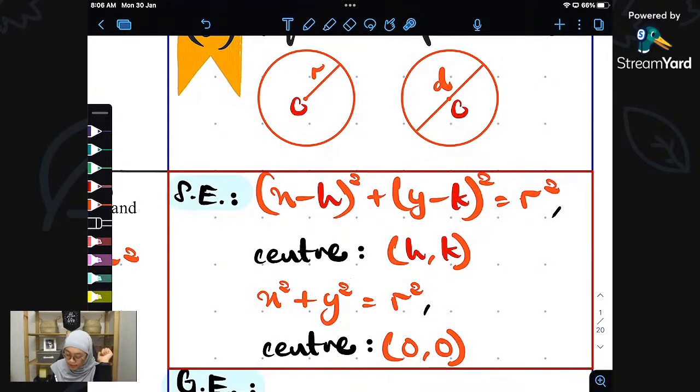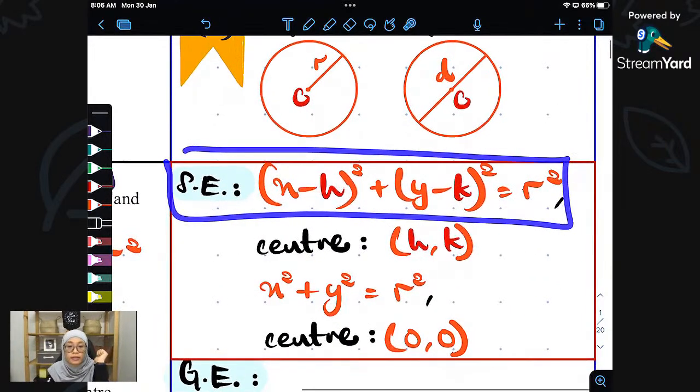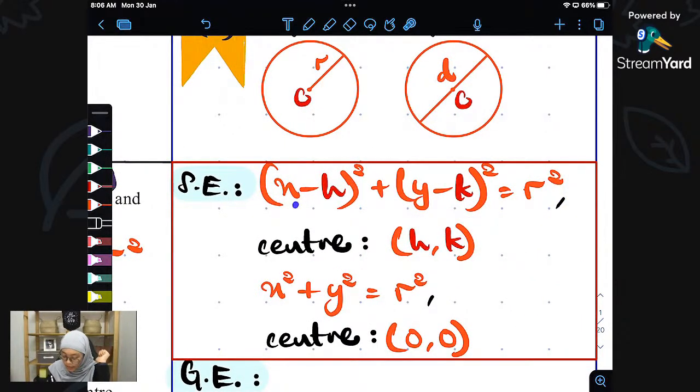So basically, this standard form is a must to memorize. It is x minus h, the whole thing squared, and then you must plus y minus k, the whole thing squared, and then equal it to r squared. So basically everything here is squared, squared, squared.